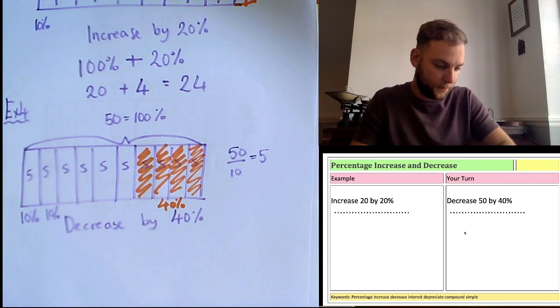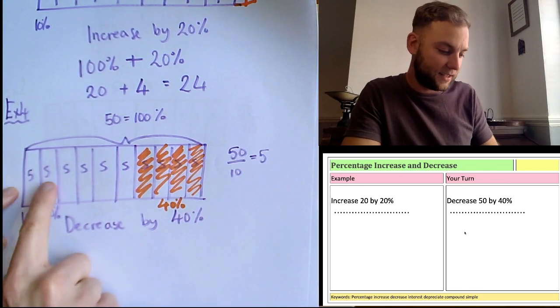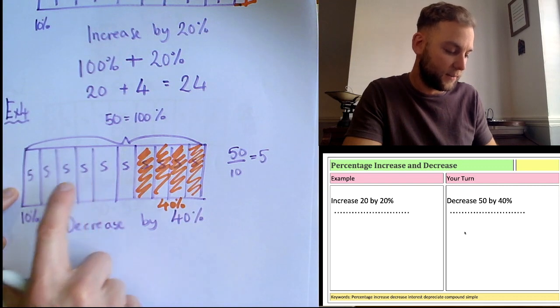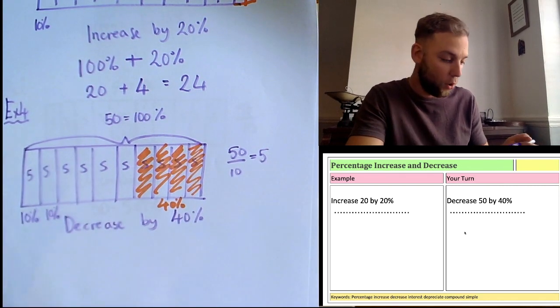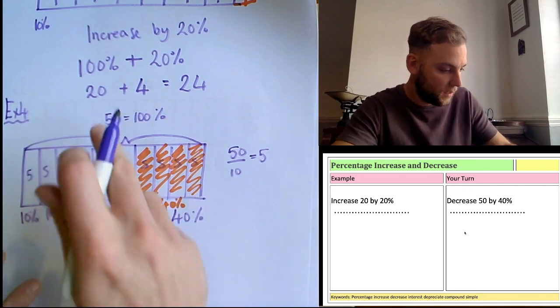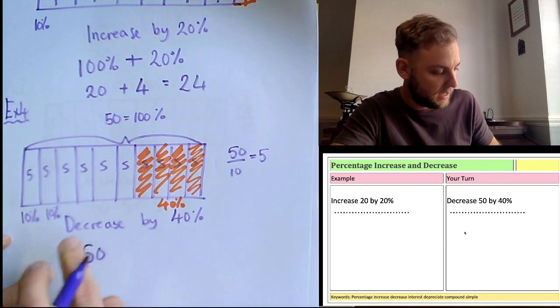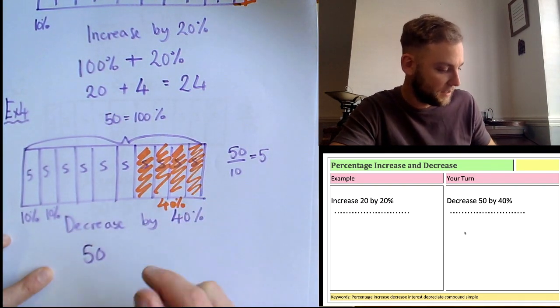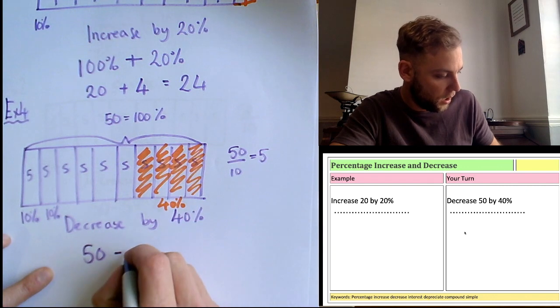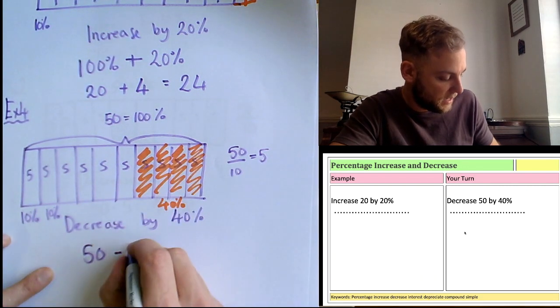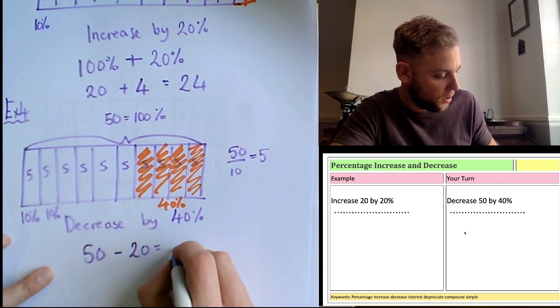So it's going to be, I mean, you can probably see it from here. You could do 5, 10, 15, 20, 25, 30 if we wanted to. Or we can do the full amount, which is 50, take away 40%, which is equal to 5, 10, 15, 20, which is equal to 30.